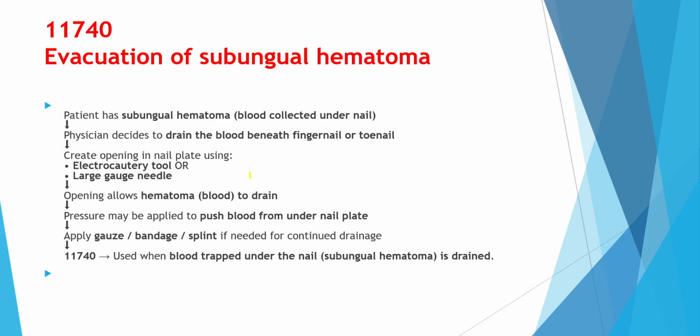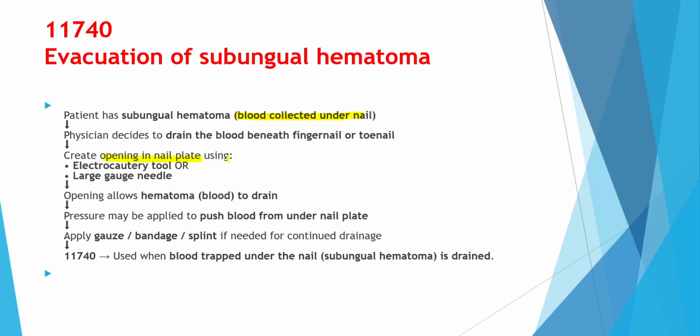Okay. Next. 11740 is for evacuation of subungual hematoma. What happens in a subungual hematoma is that blood is collected under the nail. To drain that blood, the physician will perform a procedure. So what will he do?